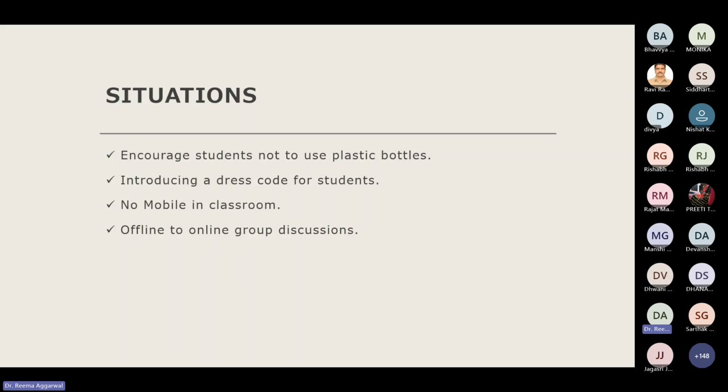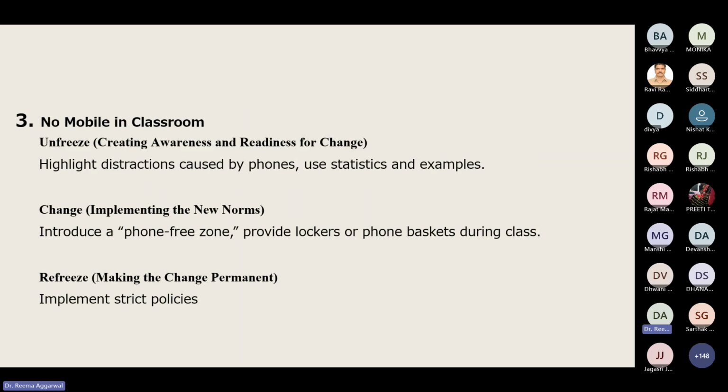So how will we do this activity? I have kept it for no mobile in classroom. For example, if I want to bring this change on campus where students are not using mobile phones, at the unfreezing stage, I will create awareness and readiness for the change. So here I could help students understand the limitations of having mobile phones in the classroom, what statistics are telling, and I could give them certain examples.